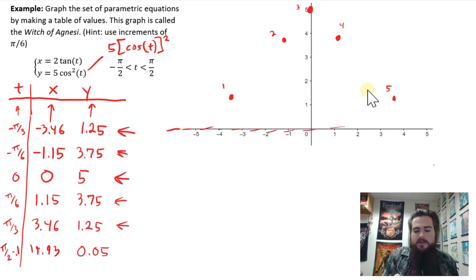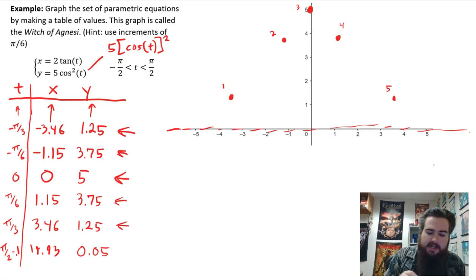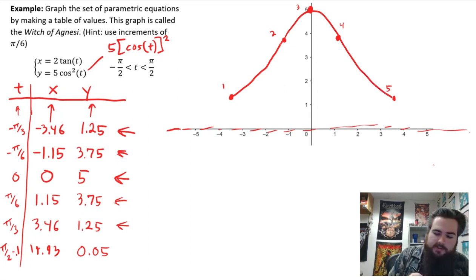I'm getting closer to this y equals 0, and I'm not ever going to touch it. X is going to get progressively closer to negative infinity or positive infinity. Meaning that what I have is not just this curve, but also these tails.